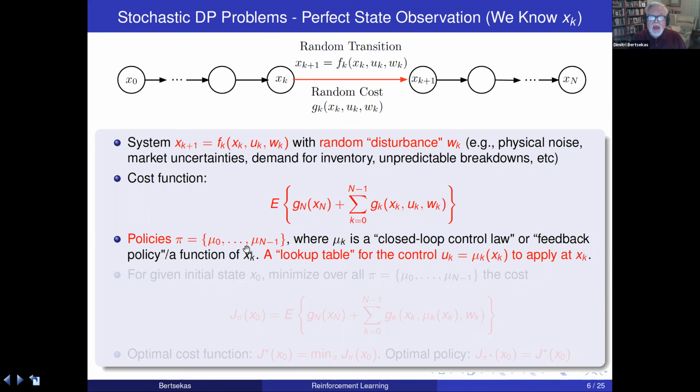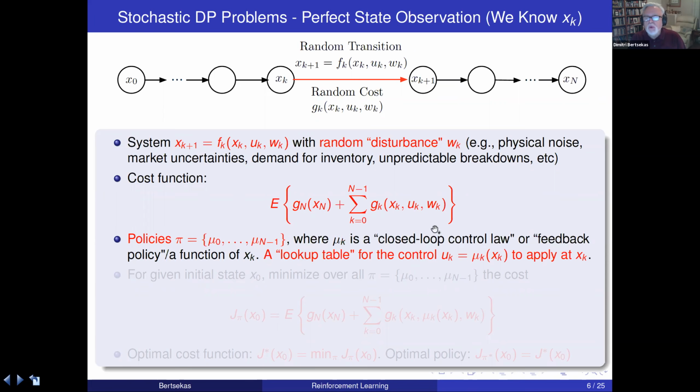Now, there is a substantive difference in using policies versus control sequences, because in a stochastic problem, if we apply a control sequence, we don't know where we're going to land, which states we're going to visit. And it is important to have knowledge of these states, to use that knowledge when choosing a control. For deterministic problems, this does not make a difference, because if I choose a control sequence at the initial state, then everything is determined.